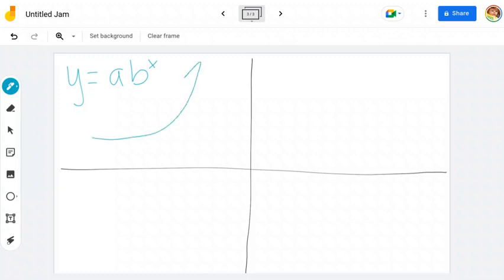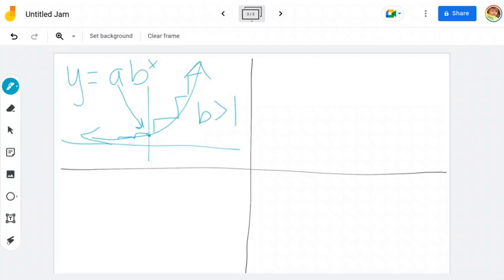If the graph is going like this, here's your y-intercept, your a, and your b is your growth factor. Maybe it's times 2, maybe it's times 5, maybe it's 1.3. If b is greater than 1, it will grow.